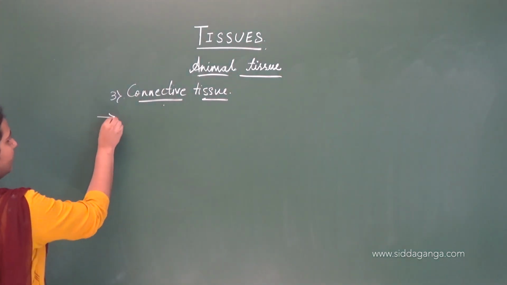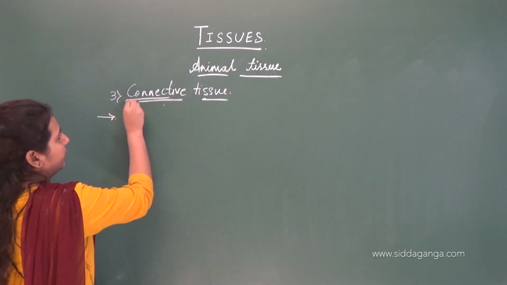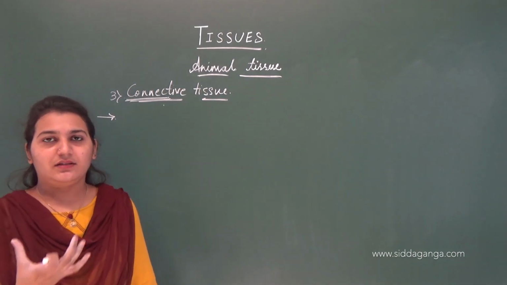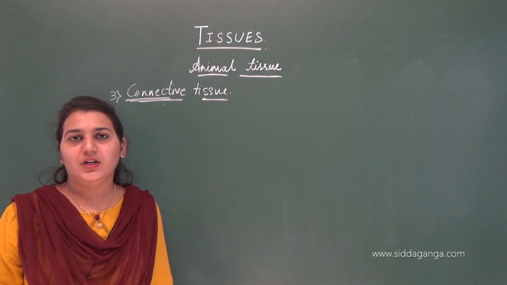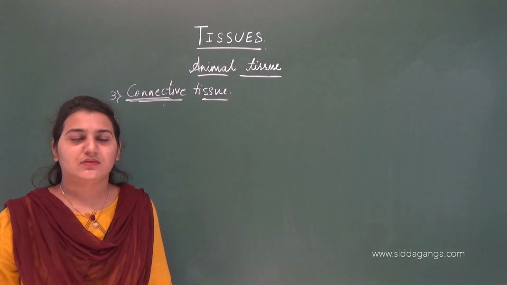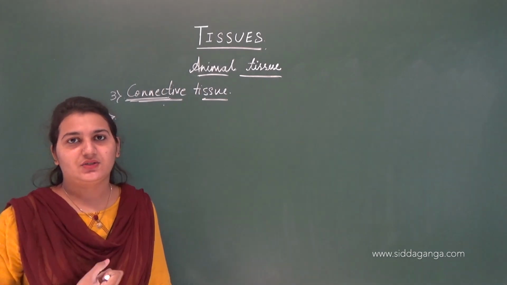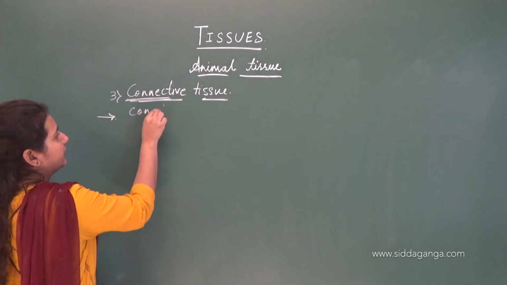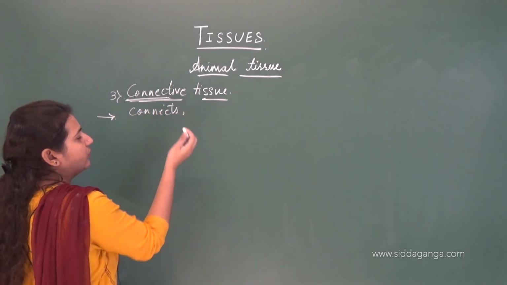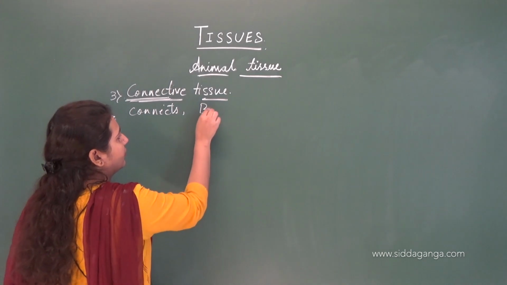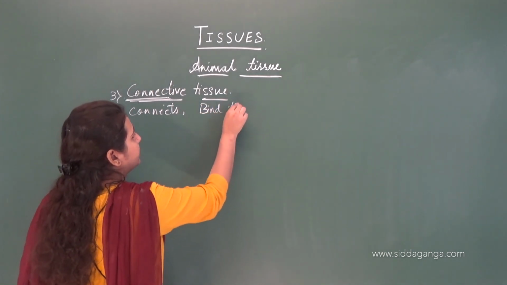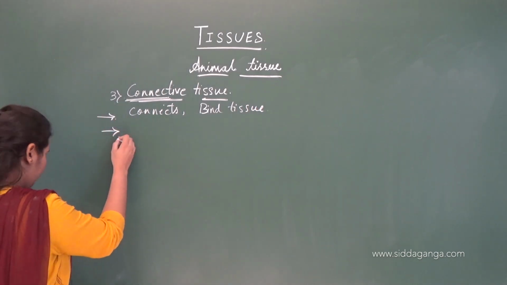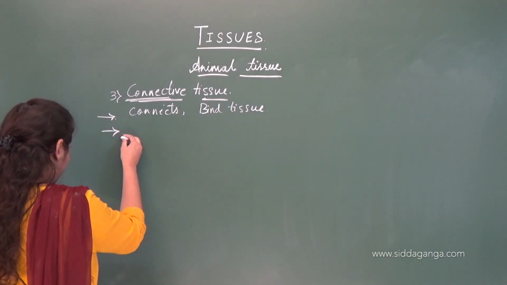Remember, these are the connective tissues. These tissues connect the bone to bone or the muscle to bone, or they can bind the tissues. So the major function of connective tissues is that it connects bone to bone or muscle to bone, and it binds tissue. Clear?